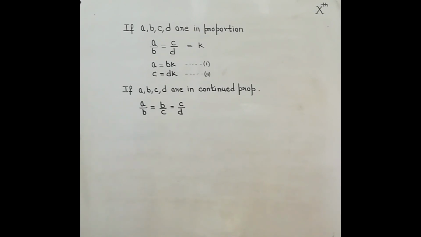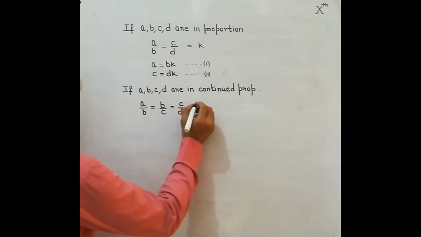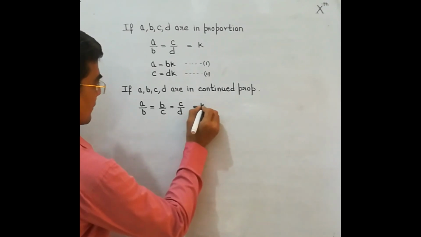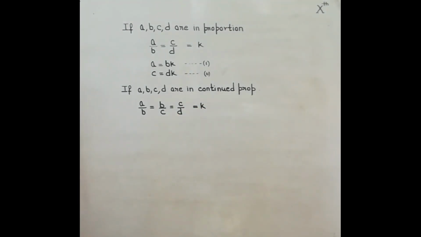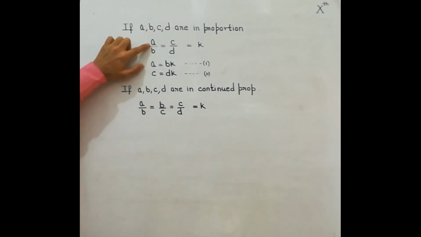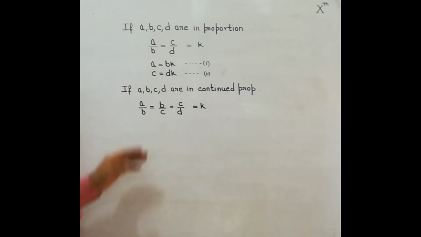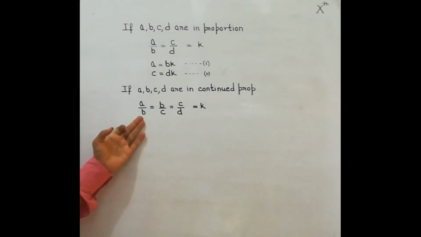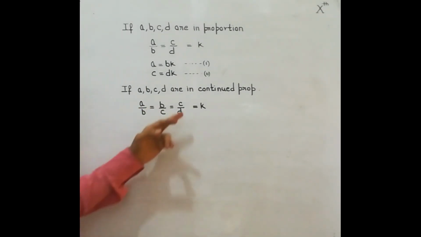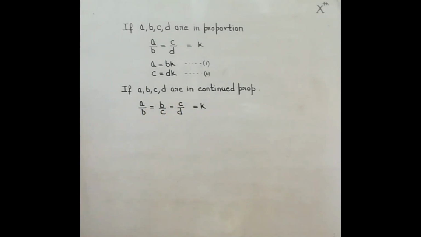Now, as we did in the previous one, we will equate these three ratios to K. In the previous one I said whatever terms are in the numerator place, you substitute those terms. But here you see B is in the denominator as well as in the numerator, and C is in the numerator as well as in the denominator.